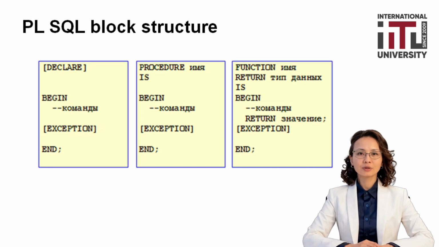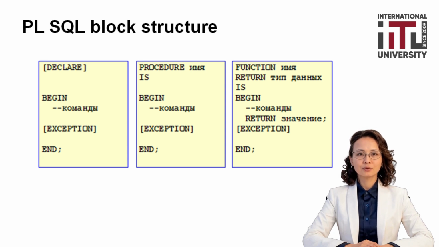In PLSQL, every program is organized as a block, which is the basic unit of execution. A PLSQL block has three main sections. First is the declaration section, which is optional. Here we define variables, constants, and user-defined exceptions. Second is the executable section, which is mandatory.